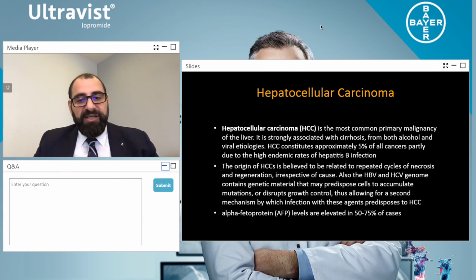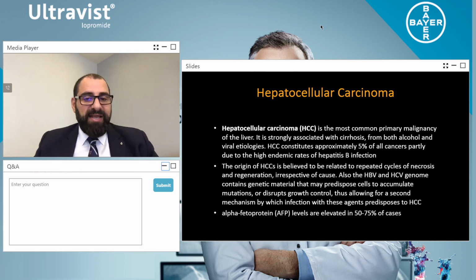It's usually the hepatobiliary virus, a genome that contains genetic material which predisposes the cell to become malignant. A lot of patients who have hepatitis C are highly prone to get hepatocellular carcinoma because of this genetic material internally.